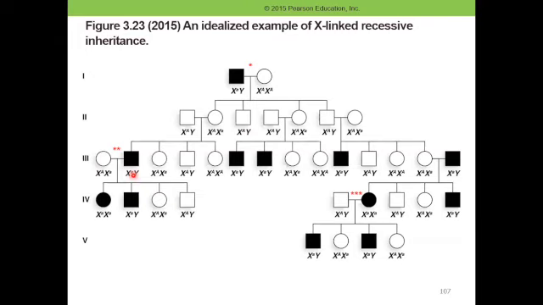However, they have a 50% chance of inheriting the normal allele from the mom or a 50% chance of inheriting the recessive allele from the mom. So therefore, even if the dad is affected, whether the daughters will be normal in phenotype or affected depends on what the mom contributes.